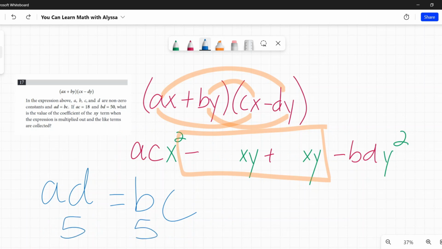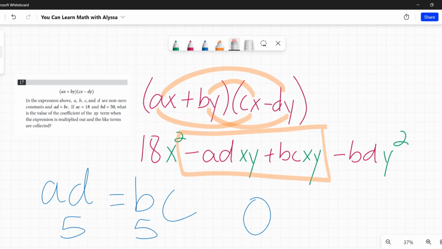AD and BC, they're going to cancel out because AD equals BC. Always. 0. 0 is my coefficient for that middle term. If you would like to plug in the AC and the BD, you can. It doesn't really mean anything. If AC is 18, then that means this right here is 18.